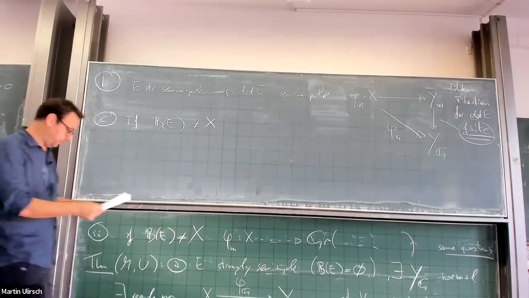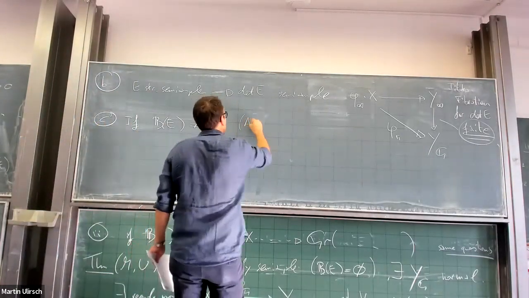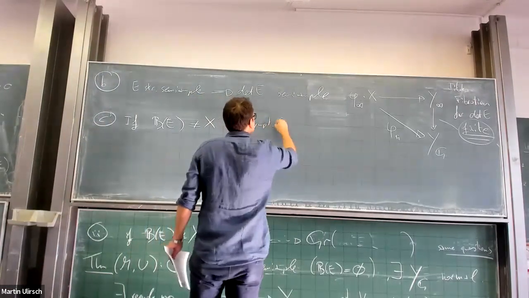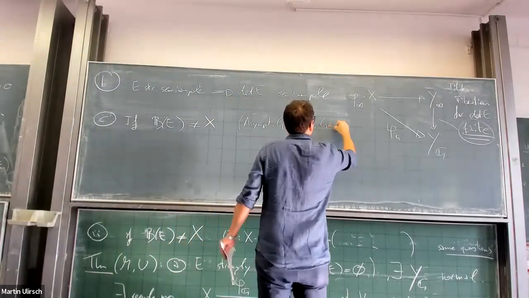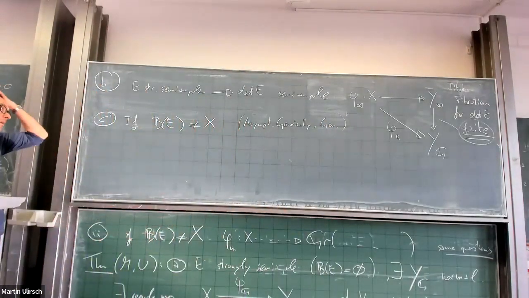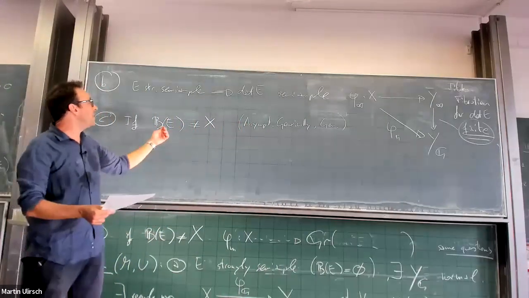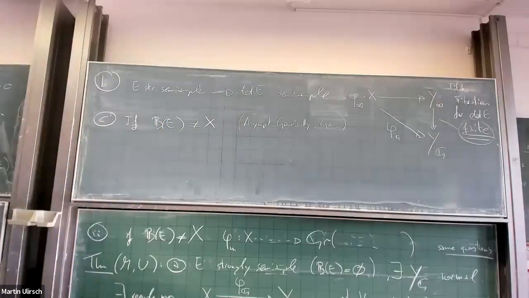So this means we call this asymptotically generically generated. This means that there exists some high enough m where the global sections of the symmetric product generate E only generically.